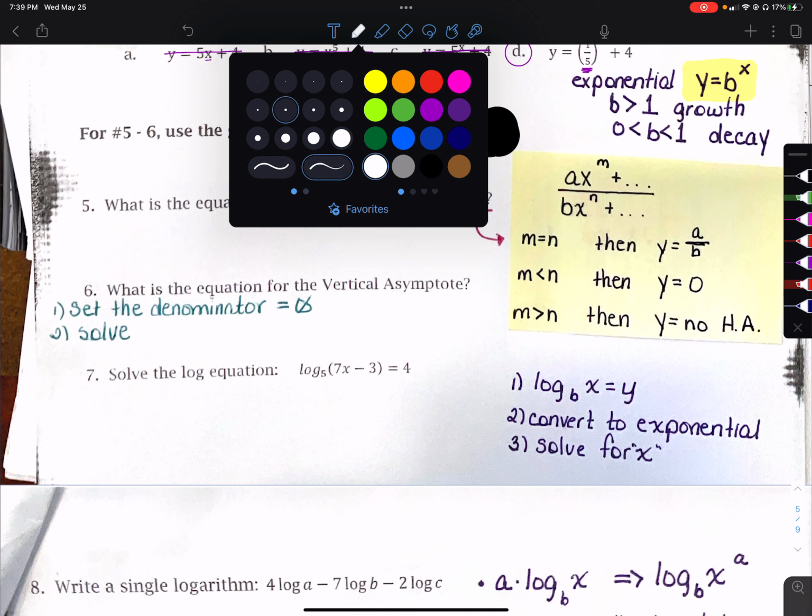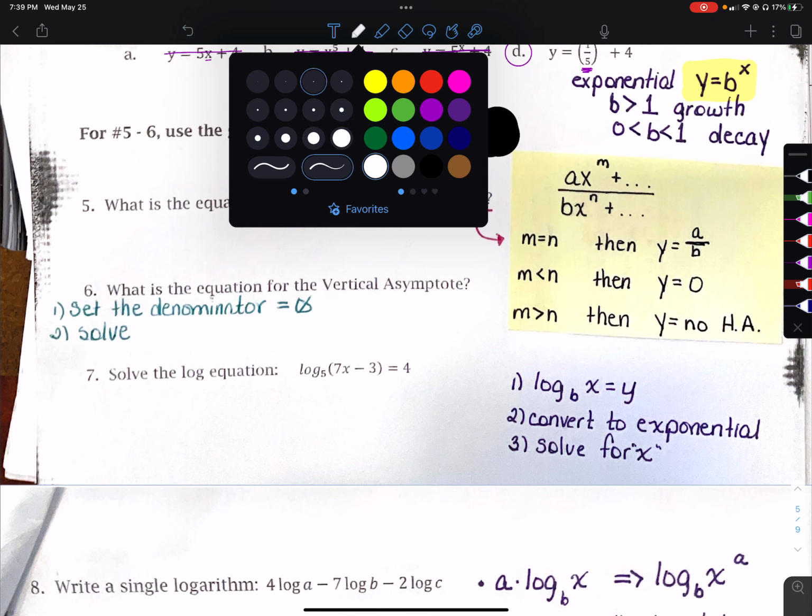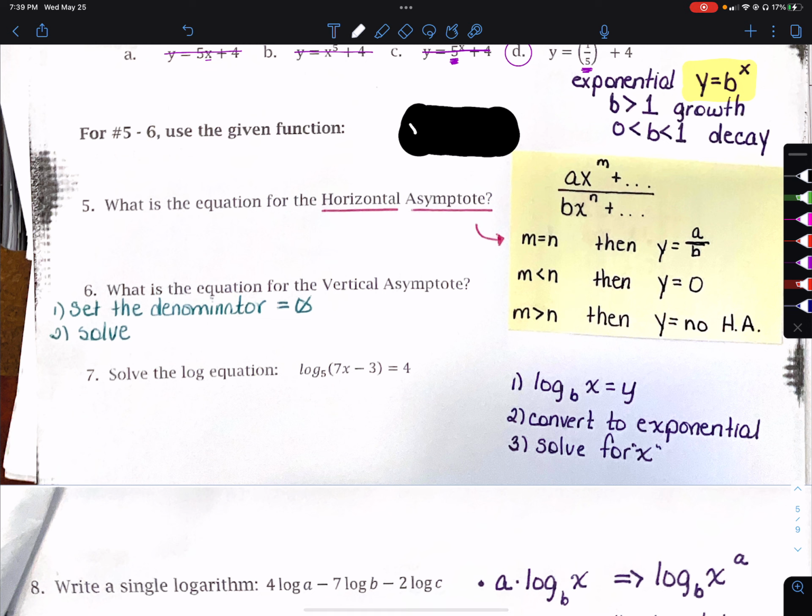Okay. So this one here should be y equals x plus 1 over x minus 5.